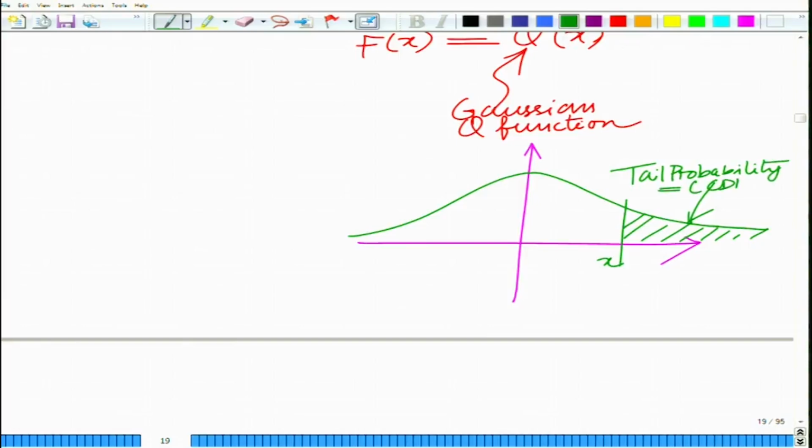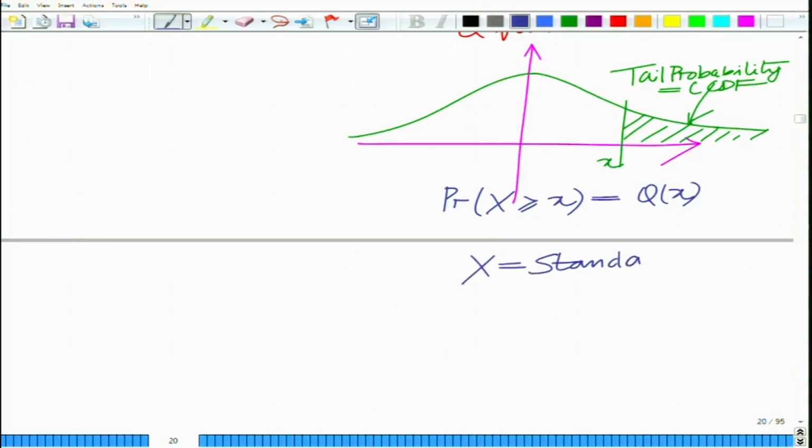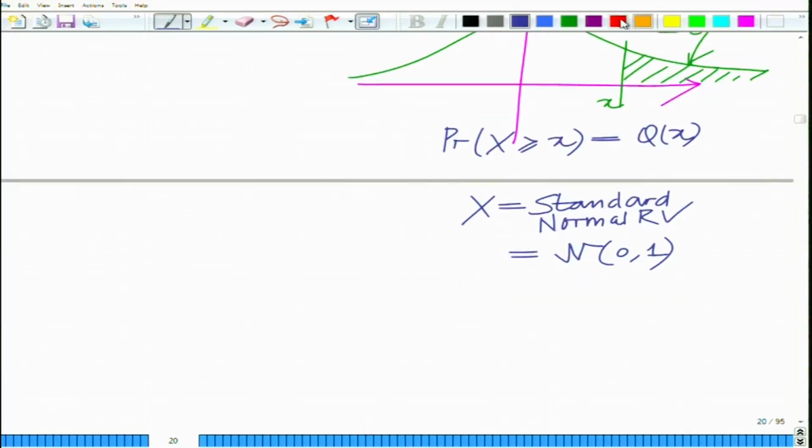Also the CCDF, the complementary cumulative distribution function, which is basically the probability that X is greater than or equal to x. This is your Q of x, where X is the standard normal random variable, denoted by N(0,1), that is Gaussian random variable, mean equal to 0, variance equal to 1.